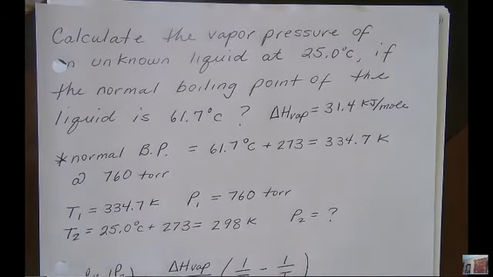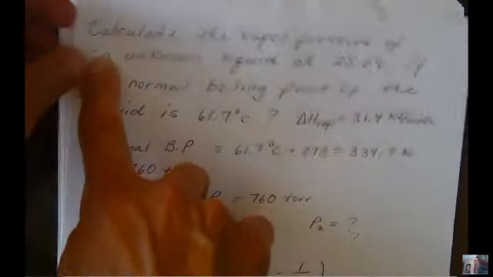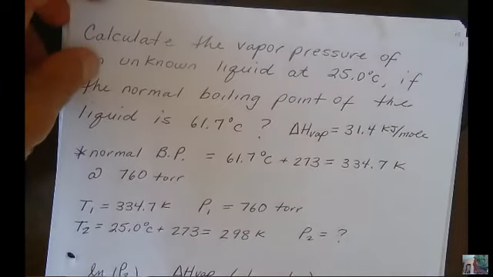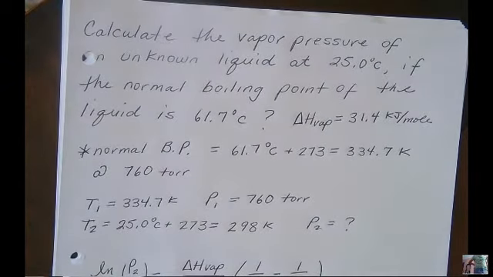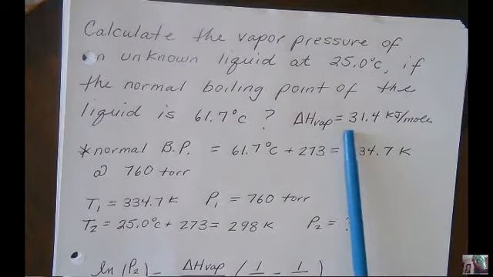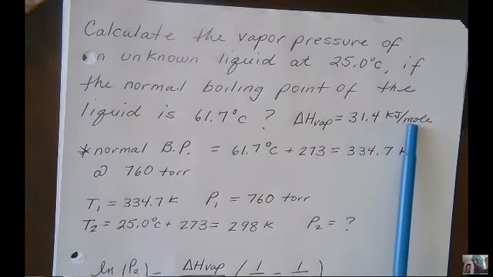Calculate the vapor pressure of an unknown liquid at 25 degrees if the normal boiling point of the liquid is 61.7 degrees Celsius and the delta H of vaporization is 30.4 kilojoules per mole.